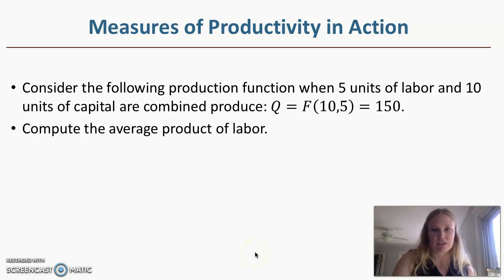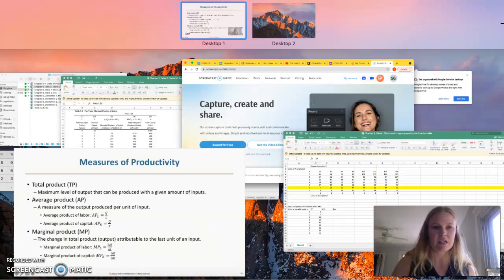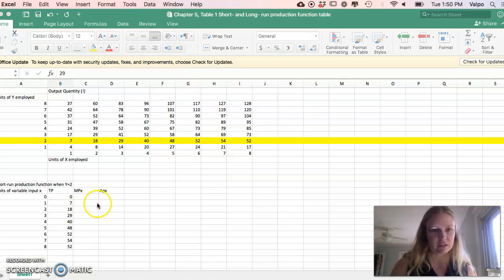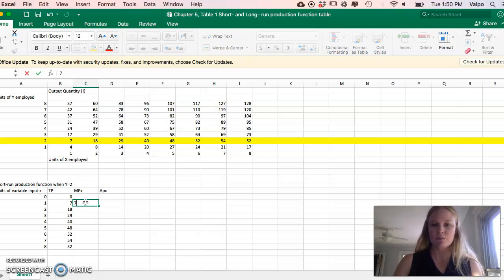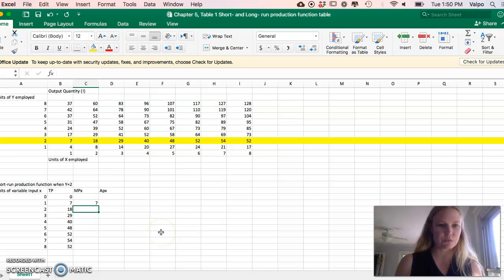So let's actually go back to my table here and calculate the marginal product. If you go from 0 to 1 workers, your total product increases by 7. If you go from 1 to 2 workers, total product increases by 18 minus 7, which is 11. Then if you get one more, total product increases by 11 again, and then 11, oddly consistent here.